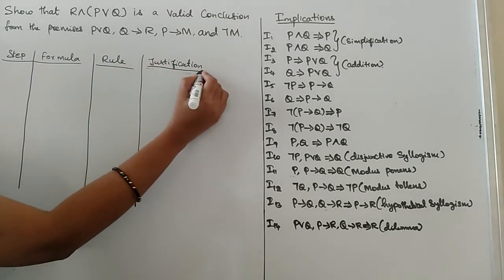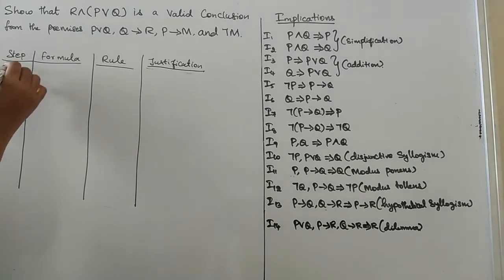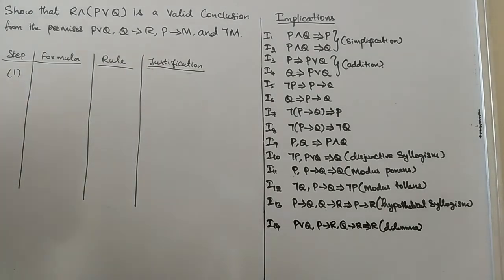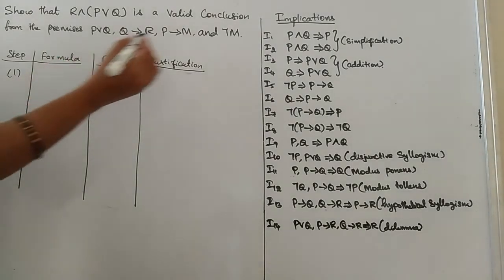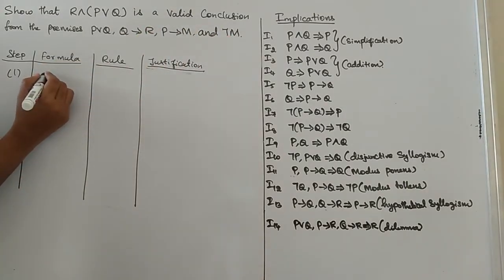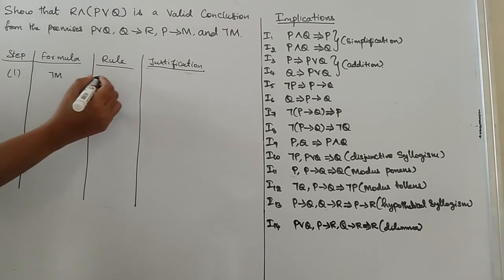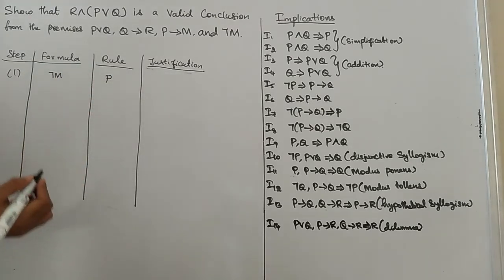At first I am going to do step 1. I am just going to select the simple premise here, which is negate M. So I am writing the formula as negate M. And I am introducing this formula based on rule P, because by rule P we can introduce any formula at any point of the derivation.